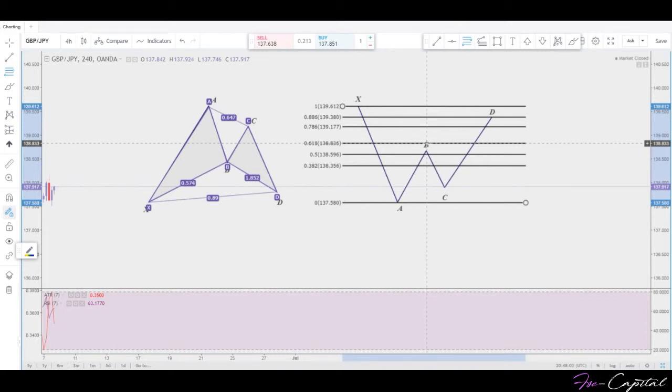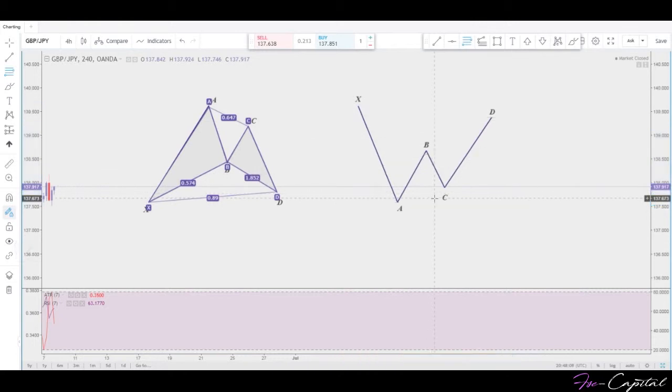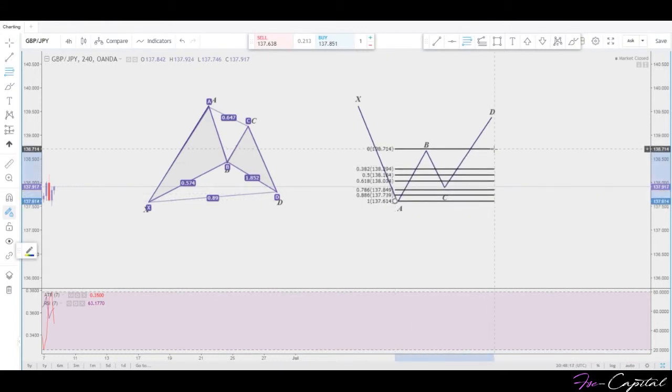Okay, once you've got that move, you need to wait for the C leg. Again, grab your fibs from A to B. Now, once again, the C leg minimum requirement is a 38.2, but it cannot penetrate A. Price cannot penetrate A. So you've got all this room where the C leg might complete.